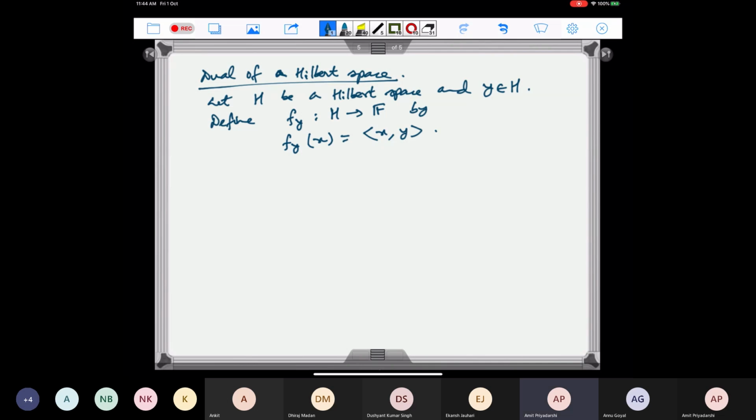So it is easy to see that this is linear because the inner product is linear in the first component. So clearly F sub y is linear. Also, we have the mod of F sub y of x, which is equal to the mod of the inner product of x with y, which is less than or equal to norm of y times norm of x.